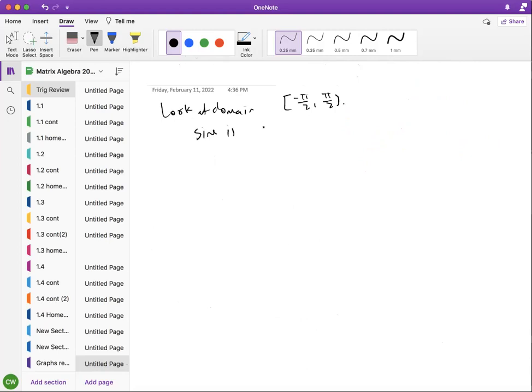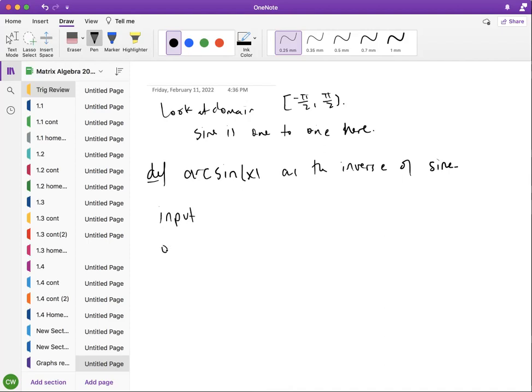Sine is 1-to-1 here. So let's define arc sine as the inverse of sine. So essentially you input outputs of sine, and it outputs inputs of sine.